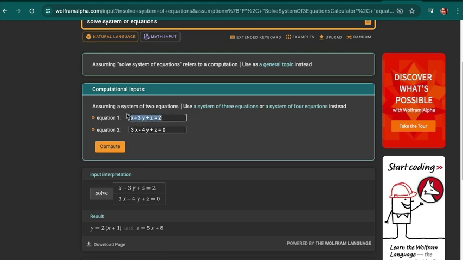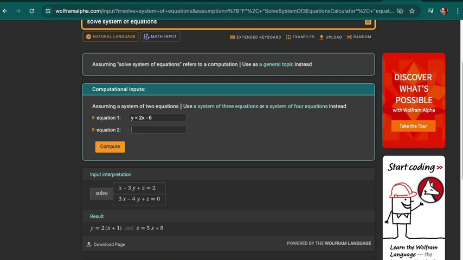What's really cool is that the equations actually don't even need to be in the y equals format. As long as it's just two equations and two variables, we can just type them in. So there's my y equals 2x minus 6, and I'm not even formatting that in any special way.